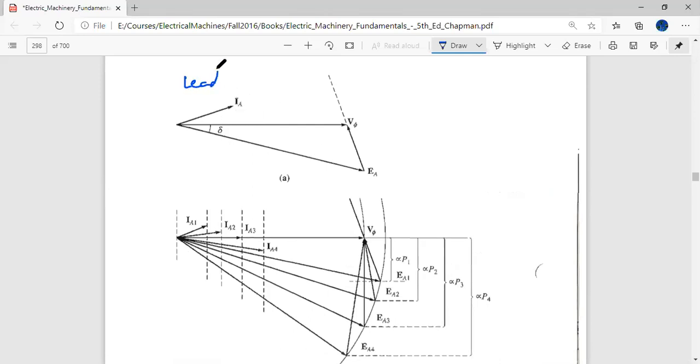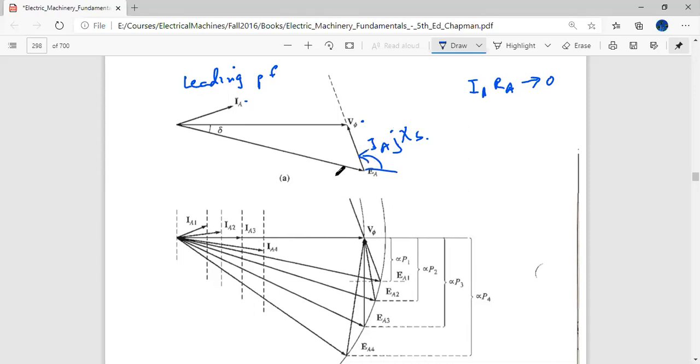The motor is initially running at a leading power factor because IA has a positive angle with respect to V phase. At some particular case, we are ignoring IA RA, and just considering IA jXS. Since the IA angle is positive and this is 90, this angle is more than 90.